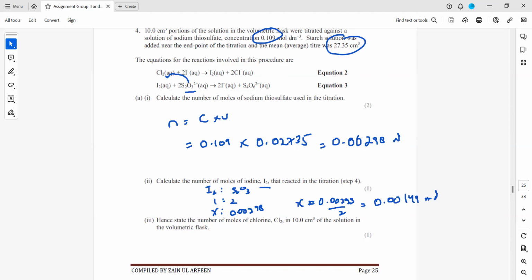Then to get the moles of chlorine, hence the number of moles of chlorine in 10 cm cube solution in the volumetric. So how to work out the number of moles? You got the iodine, from iodine you get the moles of chlorine, but when you check the equation, the mole ratio is 1:1.